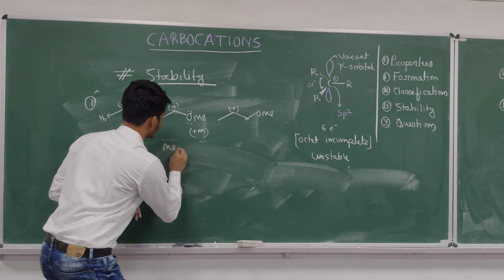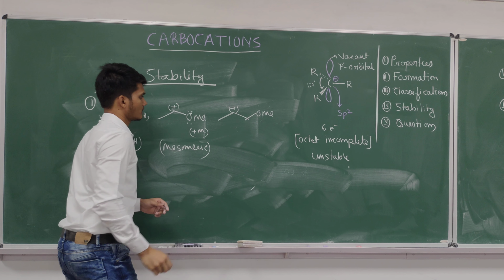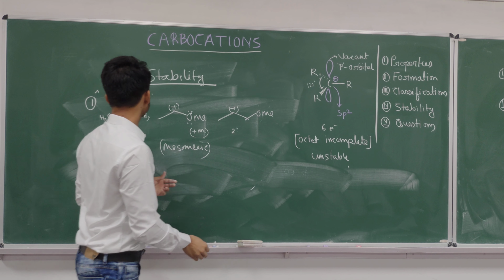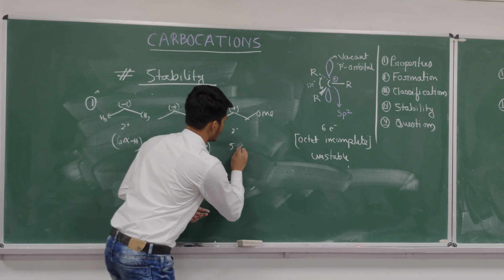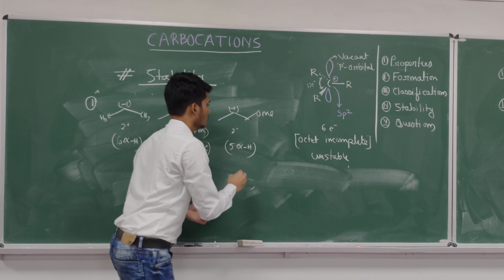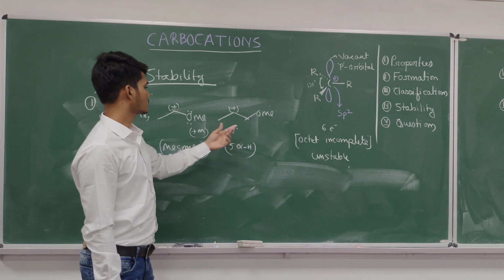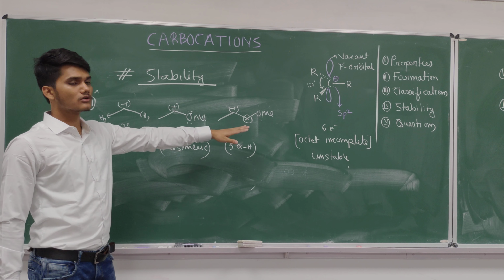Again, this is also a 2 degree carbocation, but the difference is this: in the first case we have 6 alpha hydrogens, but in this case we have 5 alpha hydrogens. Now, this one can't take part in the mesomeric effect because it is 1 carbon away from the carbocation. So the mesomeric effect is not possible.